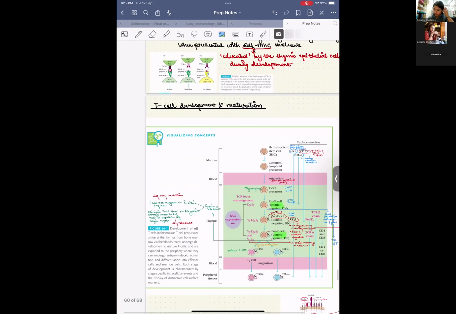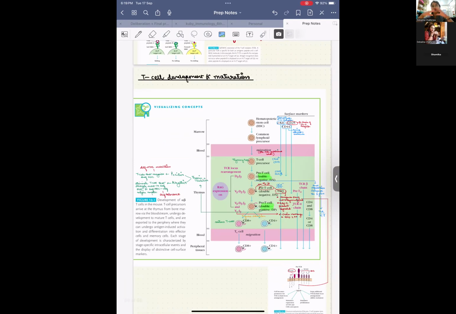Now, before we move ahead with further discussions on the different properties, features and effector responses of the T cells, we will first understand the process of development of T cells. We discussed this from our very first class, where we saw that for the B cells, the development was somewhat simpler because there was no additional step of migrating into another organ to become a fully functional, mature, or naive B cell.